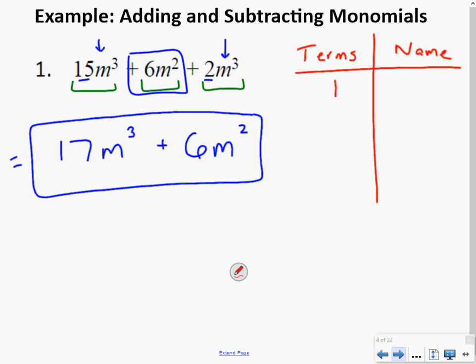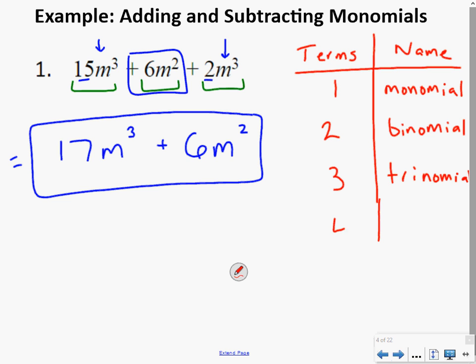If there is a single term, it is called a monomial. If there are 2 terms, like we have here, it's called a binomial. If we have 3 terms, we call it a trinomial. And if we have 4 or more, we're going to call it just a polynomial.